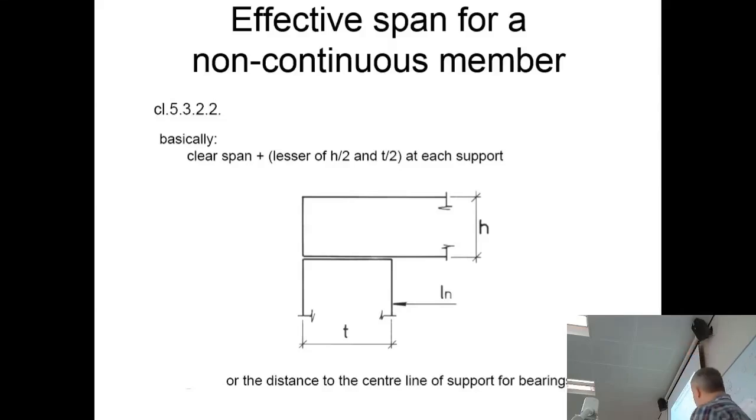And this is just another reminder of that effective length, that when we come to work it out, you've got the clear span, and then you add either the lesser of half the thickness or half the height of the slab for this side, and then depending on what it is here, you do exactly the same. So you need to do that.